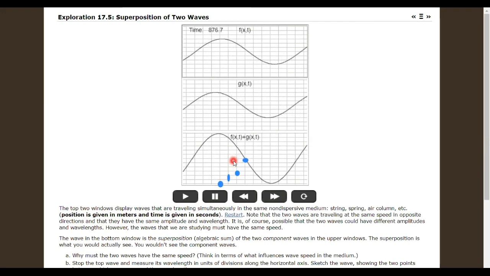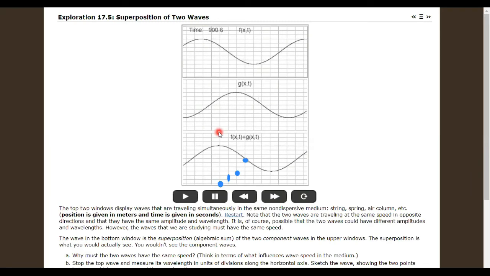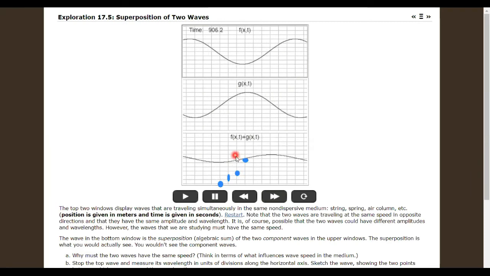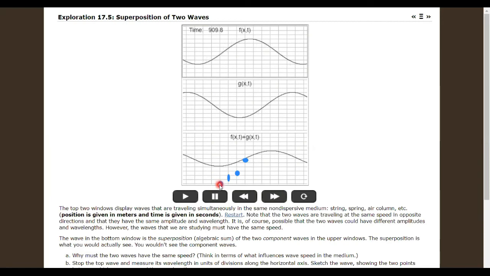Frequency is nothing but the number of vibrations. So if this particle performs one vibration, the second and third particles will also perform one vibration. If this particle performs two vibrations, the second and third particles also perform two vibrations.